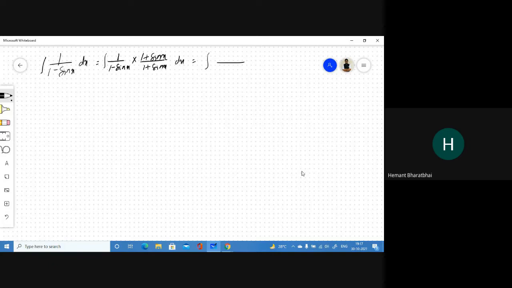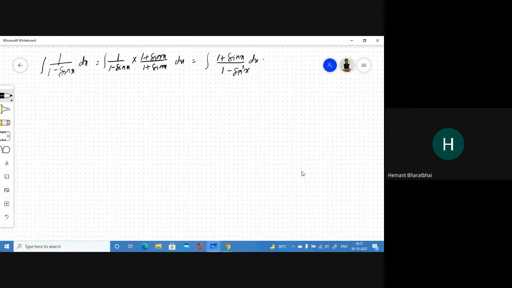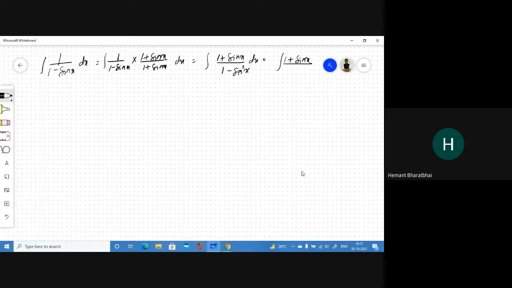So 1 square is 1 minus sin square x, and above I'll get 1 plus sin x dx. So I'll get 1 plus sin x upon 1 minus sin square x, which is nothing but, we know, cos square x. This will become cos square x dx.